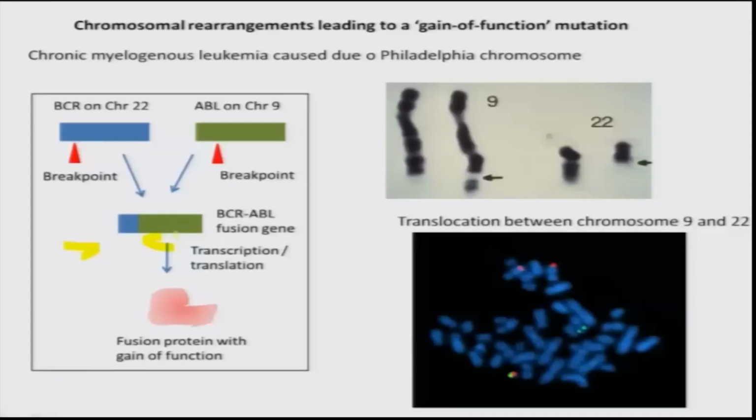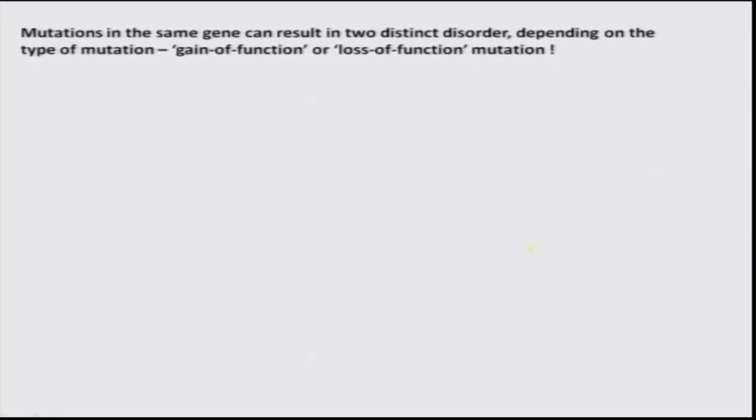Or you culture the cells and do what is called FISH, or fluorescence in situ hybridization, which would tell you whether the fusion chromosome is there. You can see here red and green, which denotes that chromosomes 9 and 22 came together for the translocation, and these are normal chromosomes, right. So this is a way you use this molecular biology approach to diagnose or to understand the disease process.